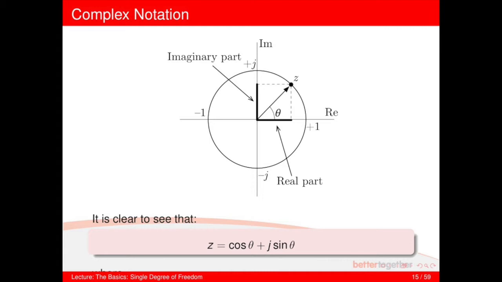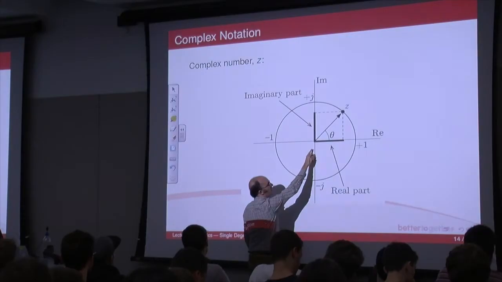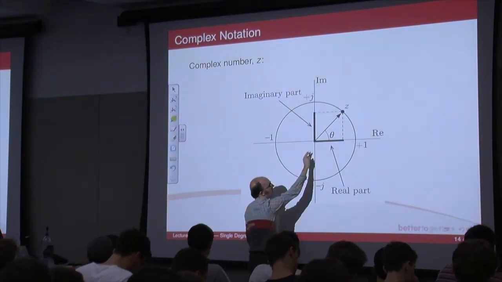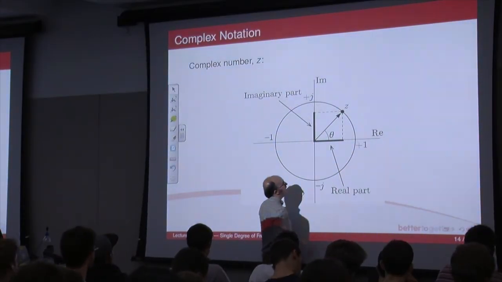It's a value of 1. This is a radius of 1. Value of, in terms of magnitude, of 1. And it's moved through an arc from theta equals 0, which is the positive horizontal direction, through a certain angle of theta. And so we can work out what the real part and imaginary part are from basic trigonometry. That's the right angle triangle. Obviously, SOHCAHTOA, so the cosine of the angle theta will be this distance times 1.